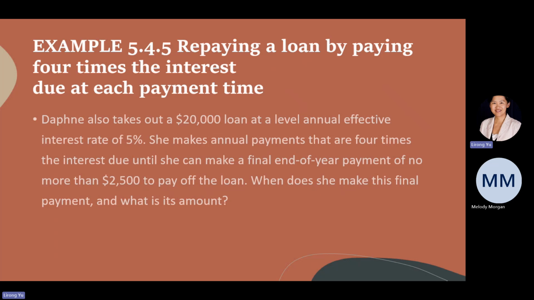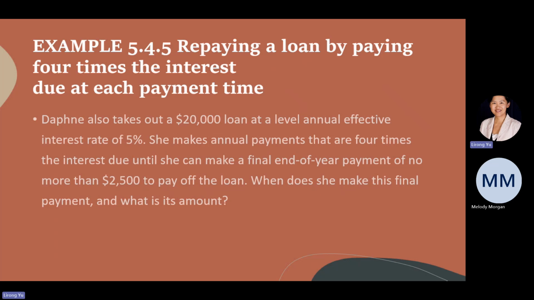So we will calculate the interest for that year. The interest times 4 will be that payment, until she can make an end-of-year payment. So she continues paying all those interests until she reduces the payment to less than 2,500 to pay off the loan.